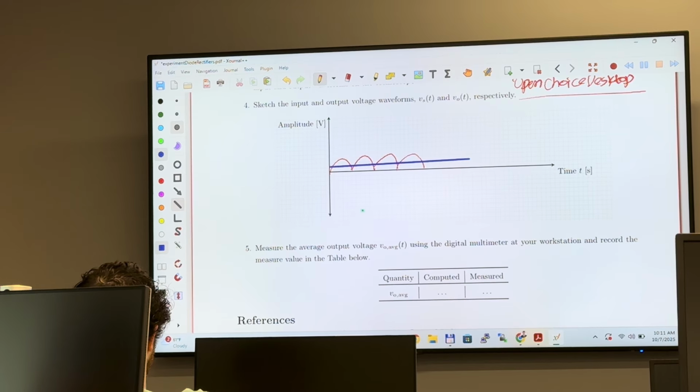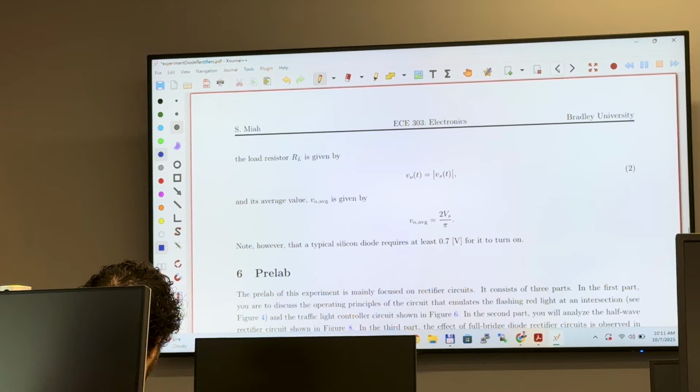Clear? And for this average voltage, we have the formula. The average voltage is going to be 2 Vs over pi. Okay, this is the computed version. You can actually see this formula right here. 2 Vs over pi. This is the average voltage.